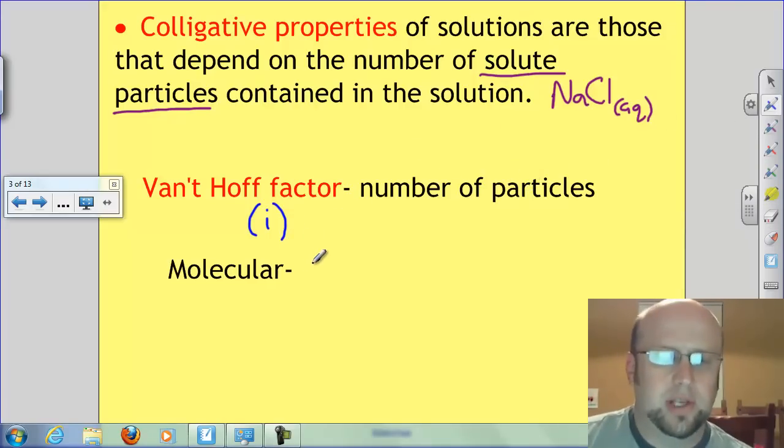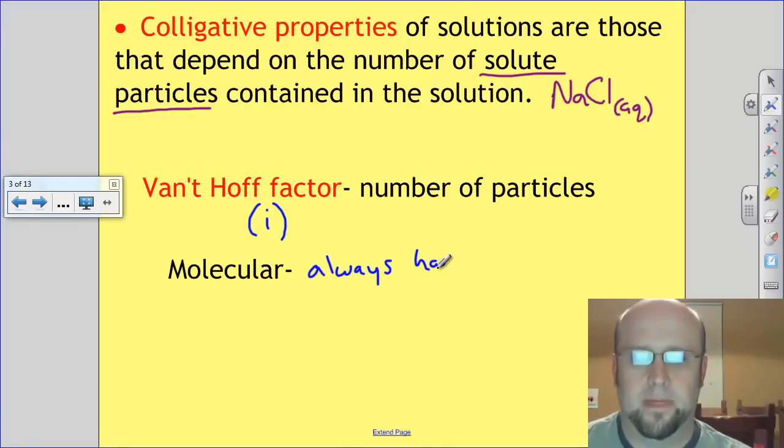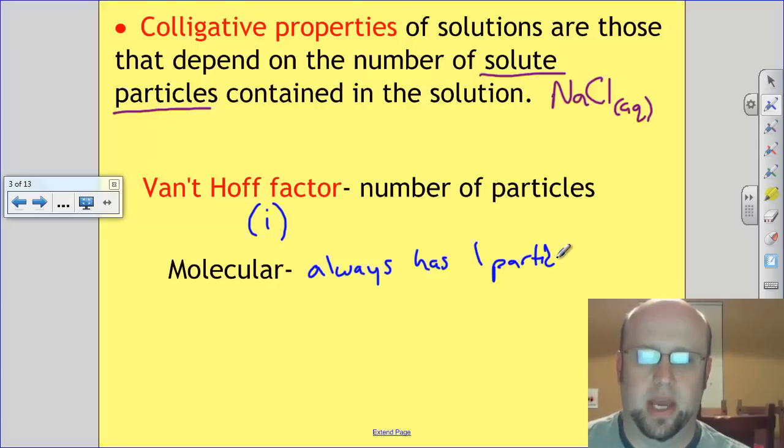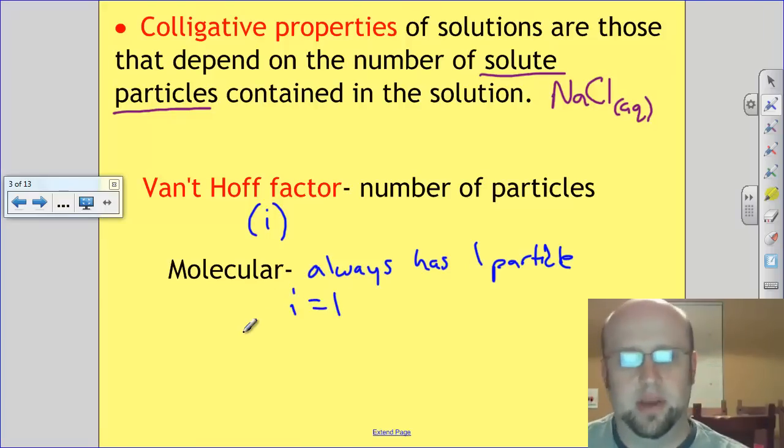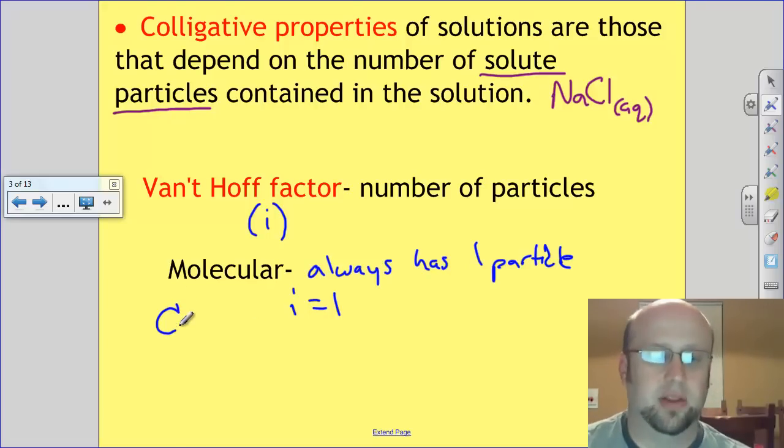Now, the way this works is that any molecular compound always has one particle. In other words, its Van't Hoff factor is always 1. i equals 1 for every molecular compound. And just to review real quick, how do I know if something's molecular? Remember, everything in it has to be a nonmetal.